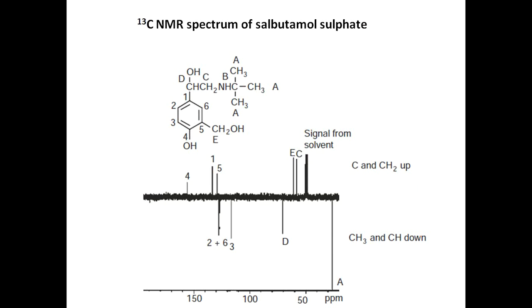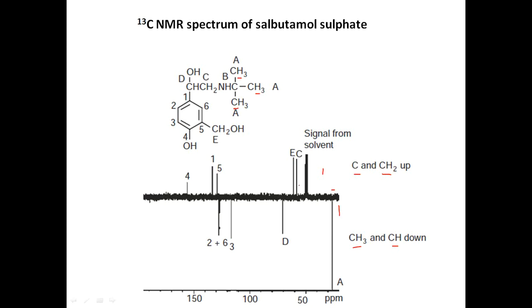This is the C13 NMR spectrum of salbutamol. You can see the lines are shown above and below for clarity. The CH3 carbon is shown down, and CH is shown down, and C and CH2 carbons are shown up. Here also, based upon equivalent and non-equivalent carbons, the A carbon shows a peak at around 20 or 30 ppm.